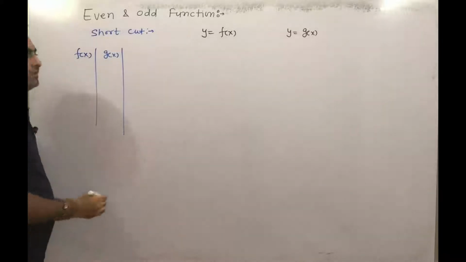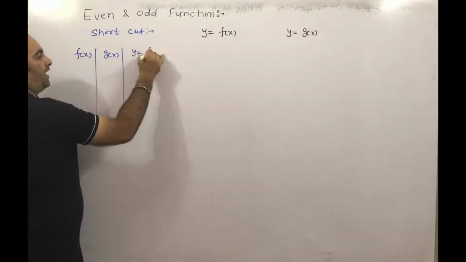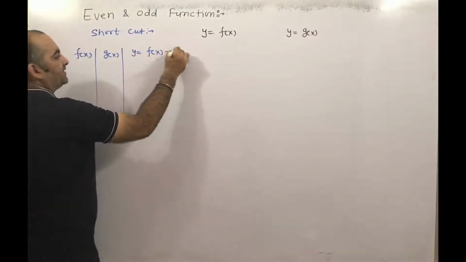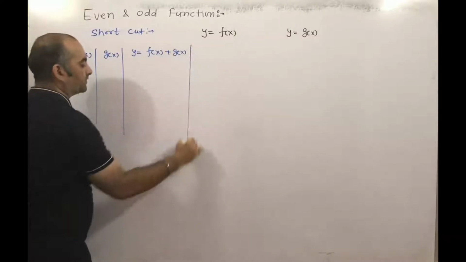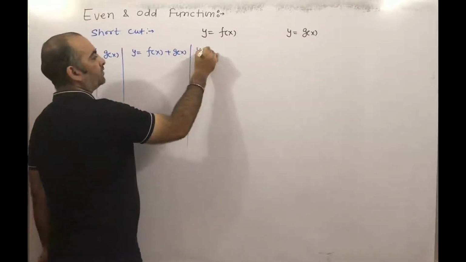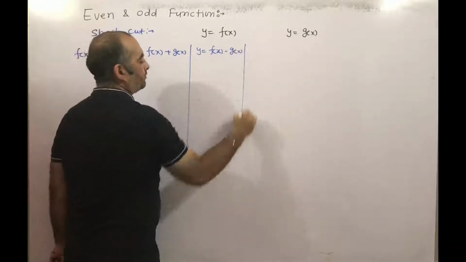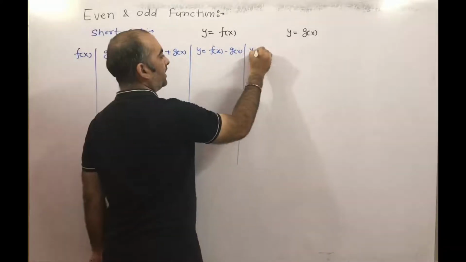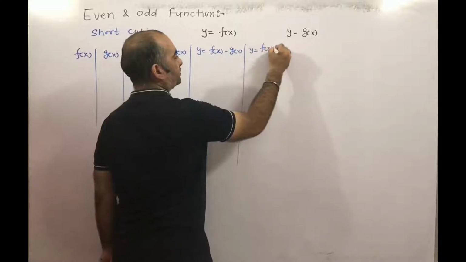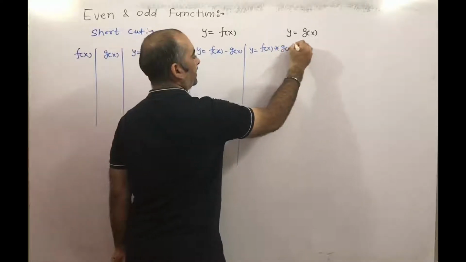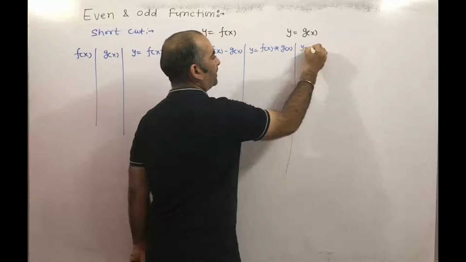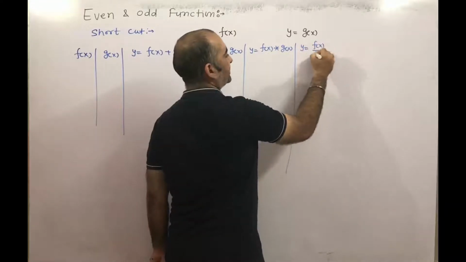Then one function will be y = f(x) + g(x). One function is y = f(x) - g(x). One function is y = f(x) into g(x). One function is y = f(x) by g(x).